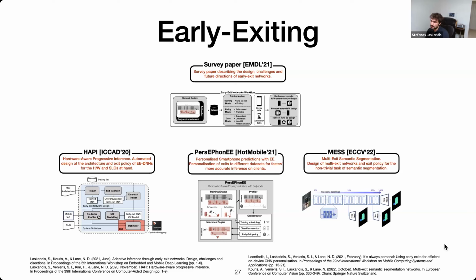Persephone was a system that personalized these early exit predictors to local distributions of data, and thus making the multi-exit deep neural network more efficient or accurate for local inference. And last, multi-exit segmentation designed early exit networks for the non-trivial dense task of semantic segmentation.